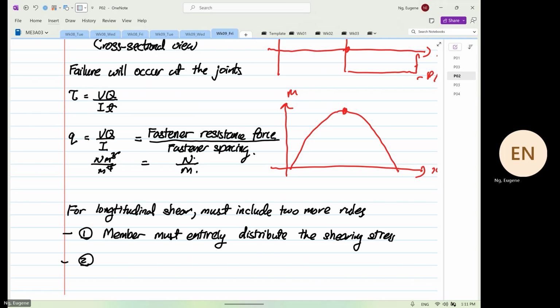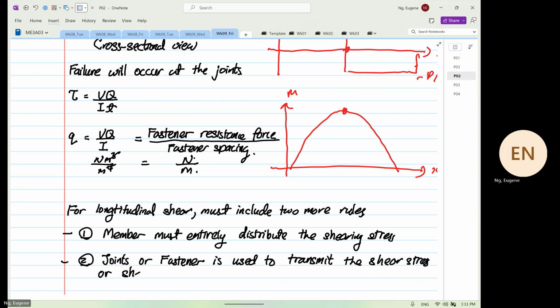And number two is that the fastener, the joints or fasteners, is used to transmit the shearing stress or shear flow from one member to another member.